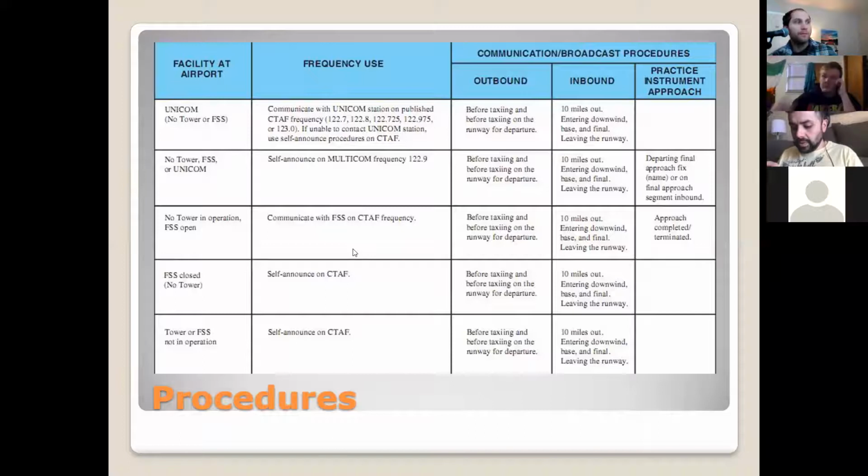Basically, what we're getting at is that there are different types of frequencies. A lot of these frequencies on this chart are giving you the CTAF frequencies.